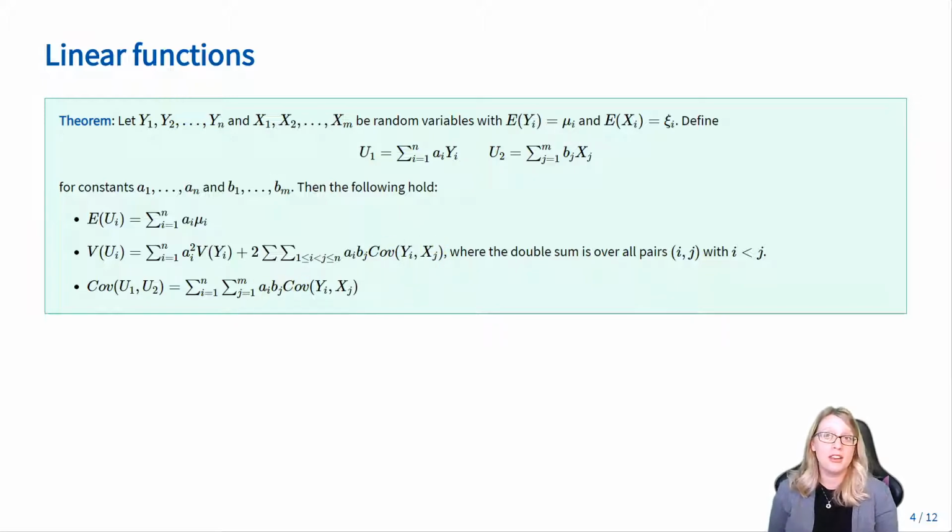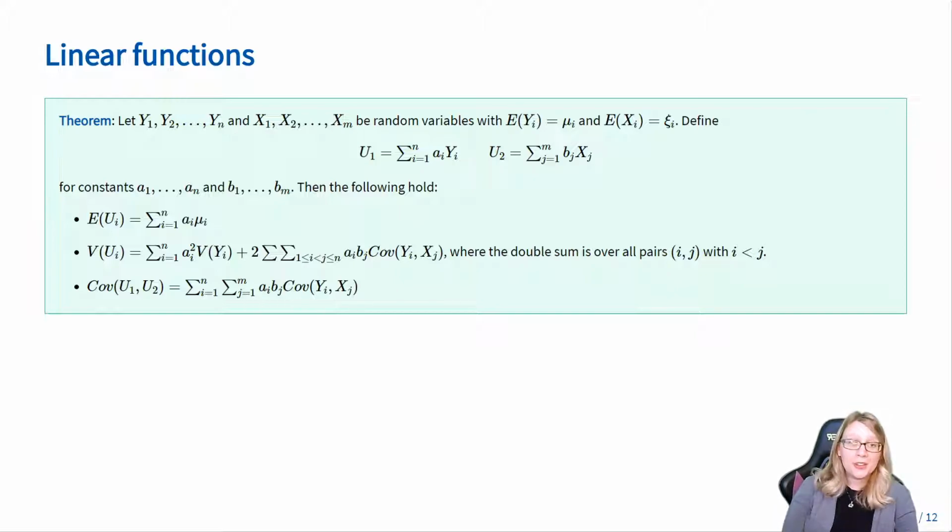Again, I'm using y and x just to make it clearer that these are two distinct random variables. The double sum is over all pairs where i is less than j, so we'll add up the constants times the covariances times 2.